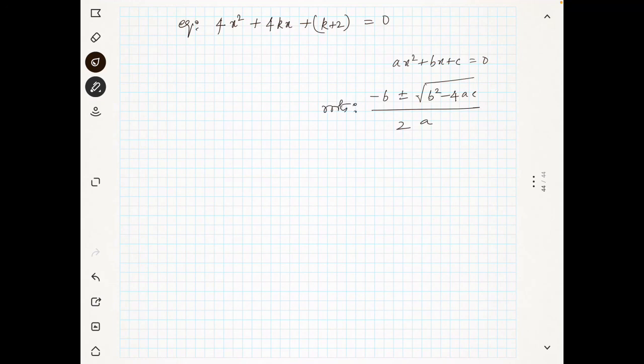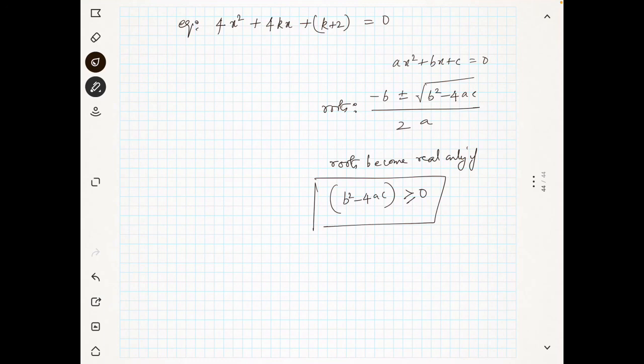The roots become real only if the square root term, b square minus 4ac, is greater than or equal to 0. You should know this mathematics, otherwise you cannot solve this problem. If it is less than 0, then it becomes the square root of something negative, which is a complex number. So the roots will be real only if this number is greater than or equal to 0.